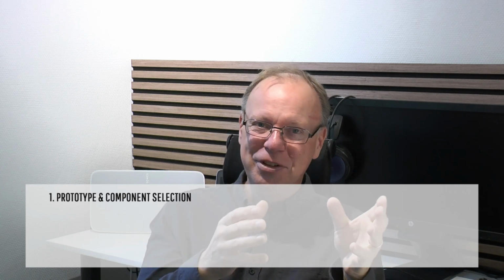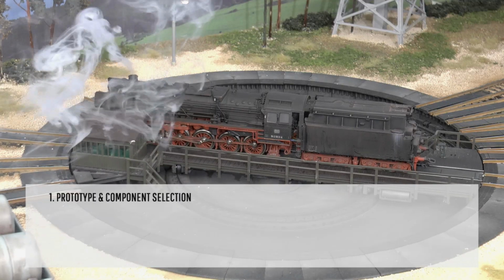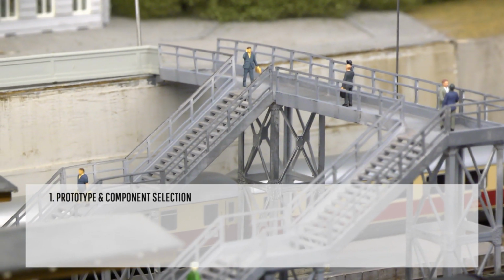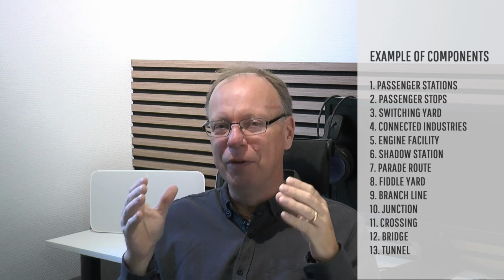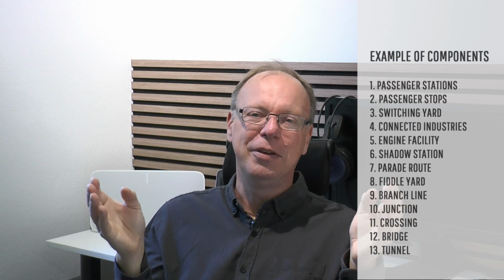Is it an engine shed, which is very important with the roundhouse and turntable, or is it a really large main station, or whatever. There are typically some components everyone needs to have, and then you make a priority list of those. So that's the first thing I typically do.